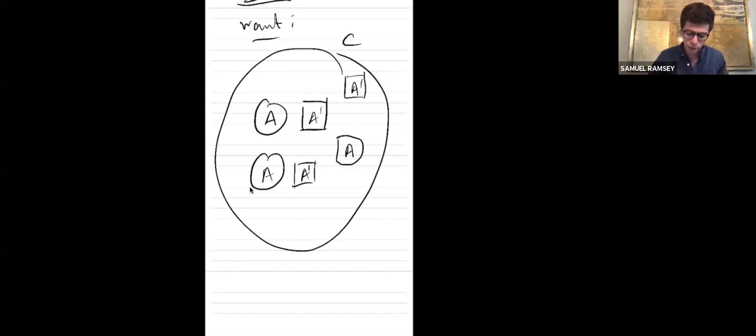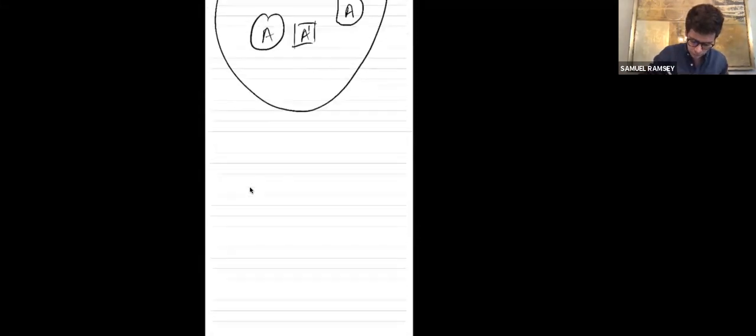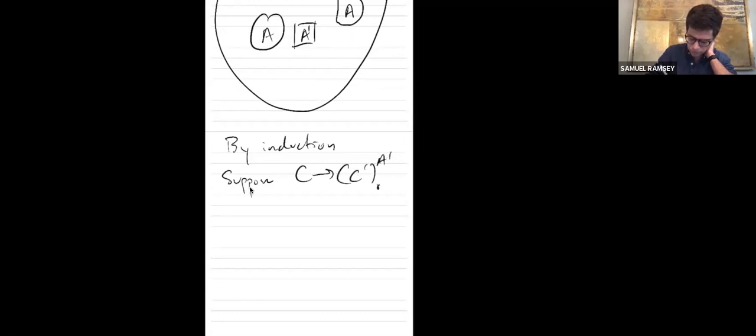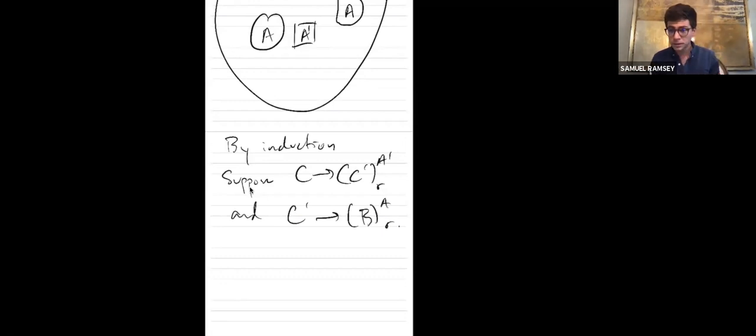I can do it by induction. So how do I do that? Well, what I can do is, for example, suppose C arrows C prime, A prime, R, and C prime arrows B, A, R. So then what happens?